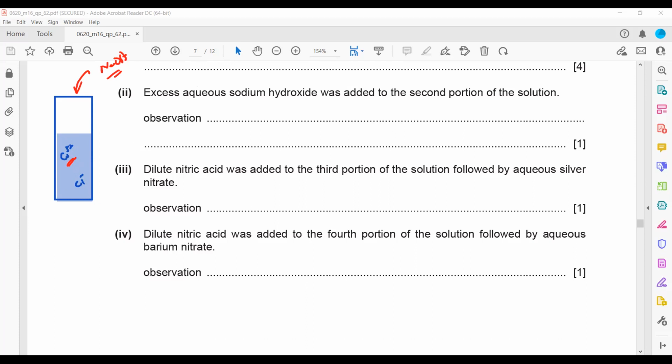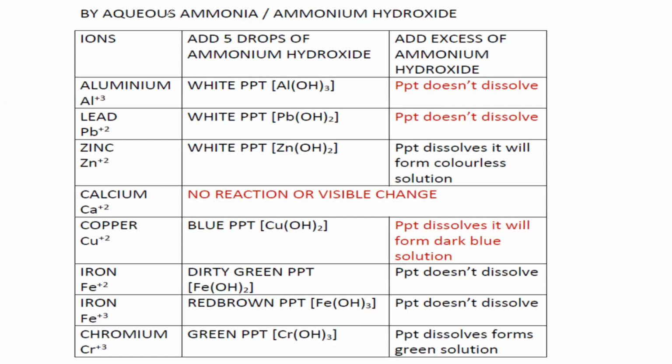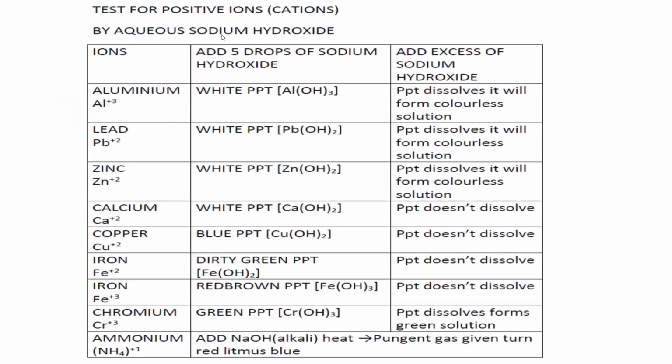As you can see in this table, adding sodium hydroxide, if there's a copper ion, it gives blue PPT and the precipitate does not dissolve in excess.